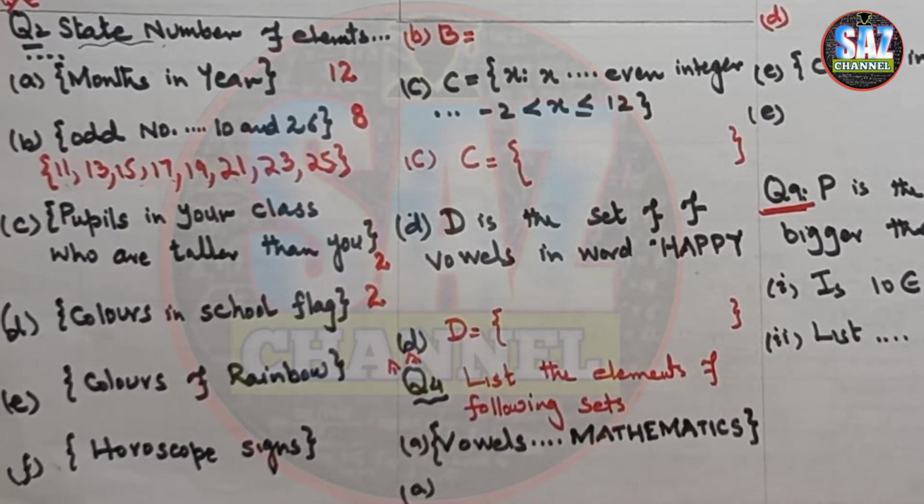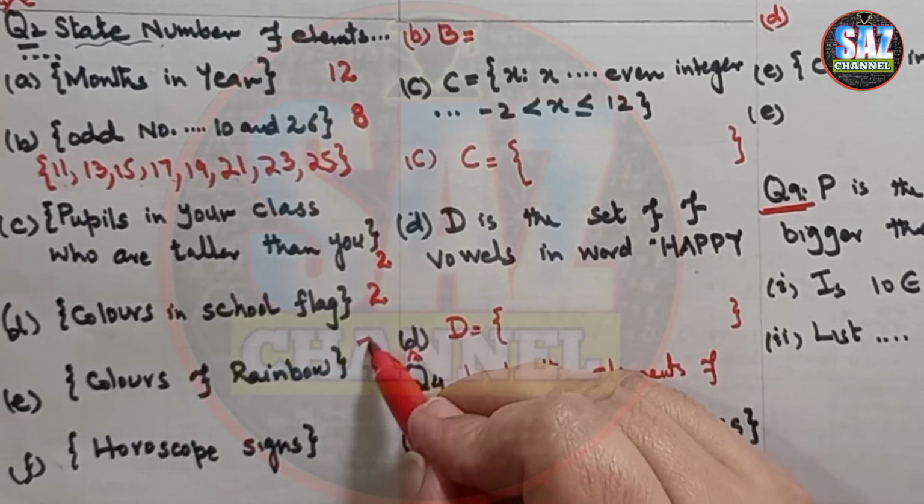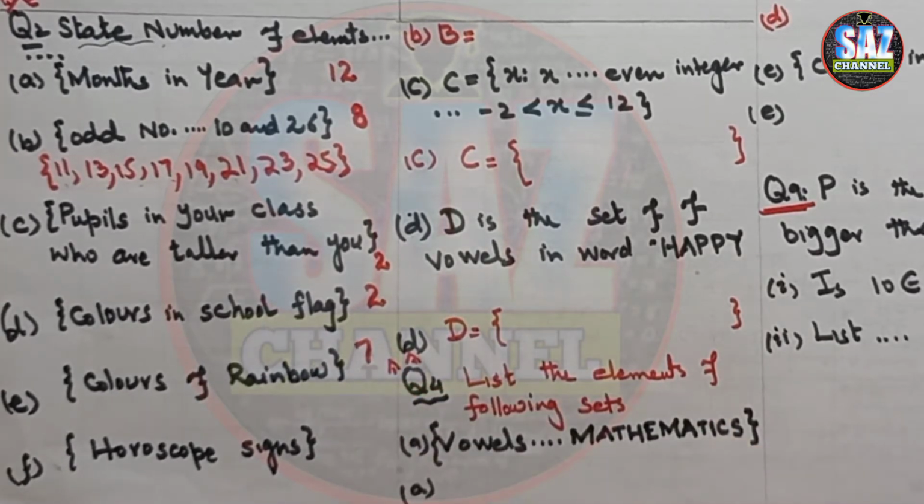Then colors in rainbow. Recall how many colors there are in a rainbow. There are 7 colors in a rainbow, so 7 will be coming here. And horoscope signs, we know that there are 12 horoscope signs, so the answer for this is 12. I hope you are clear about this question.